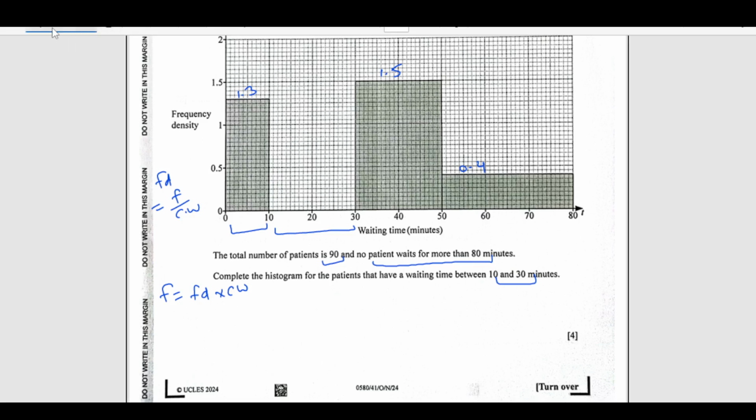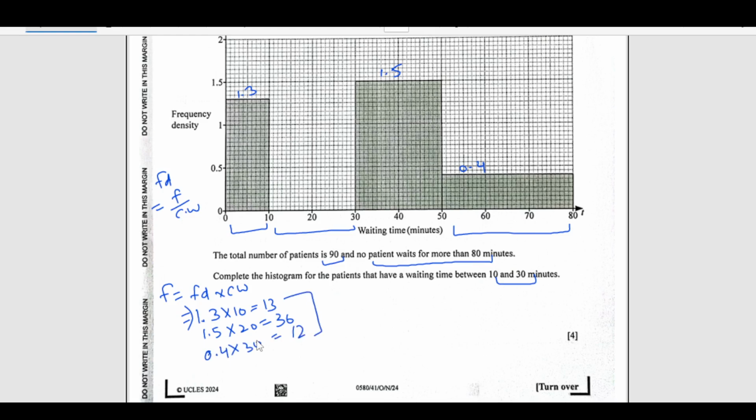So we have frequency density 1.3 times 10, so this becomes 13. And the second one here, we don't know this one, this is 20 here, and the frequency density is 1.5 times 20, which is 30. And the last one here, from 50 to 60, it is 0.4 times 30, so this is 12, right?